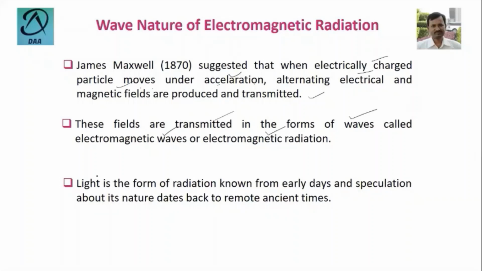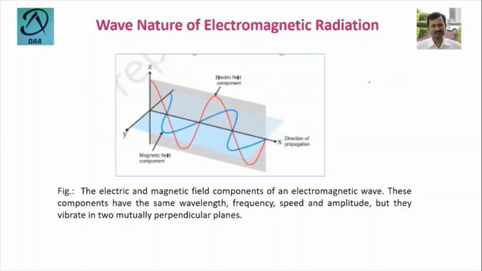So we know light. Light is a form of radiation, and it has been known from very early, ancient times. We can visualize this nature: this is the magnetic field component, this is the electric field component, and this is the direction of propagation.